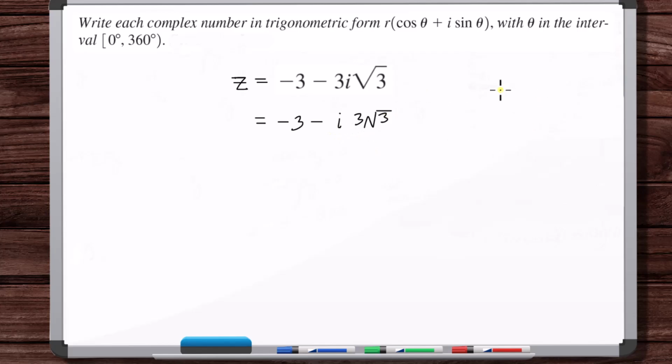Okay, and so we know that the rectangular form is x plus yi, right? But to go to polar form, all we're doing is, you've got a point in the xy plane, which is like the complex plane, which you can think about.